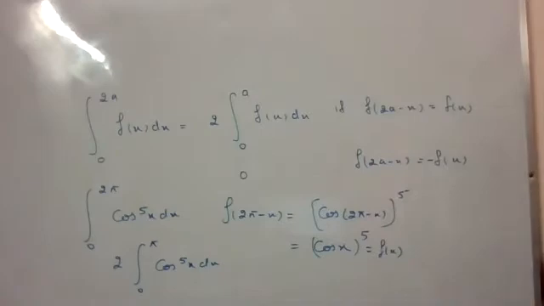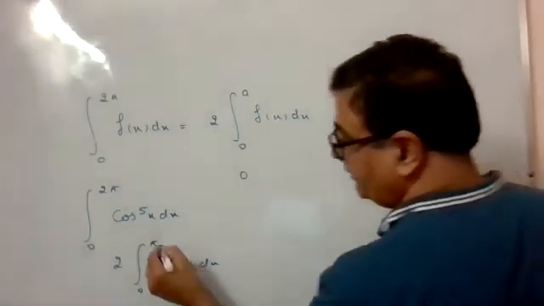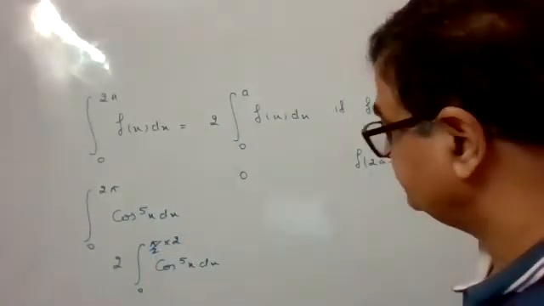Right? Clear or no? One more time, if I apply the property, I can write this as pi by 2 into 2.